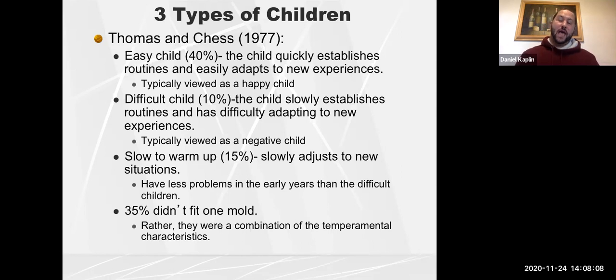And it might modify how you interact with that child. So you might raise your voice. You might use corporal punishment. There are so many different things you might do because the child is defying what is asked of them.